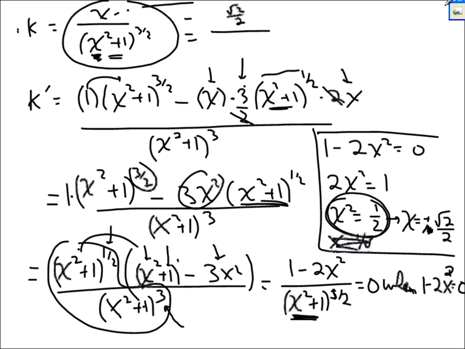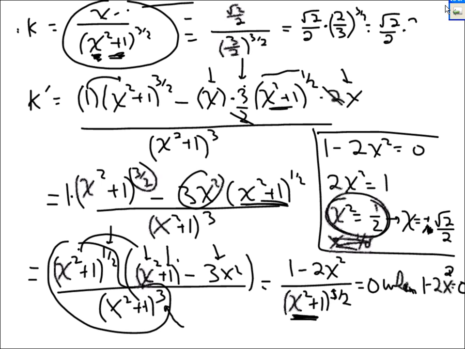It's a half. You add 1, you get 3 halves. And now we have 3 halves to the 3 halves. We have the square root of 2 over 2 times 2/3 to the 3 halves.